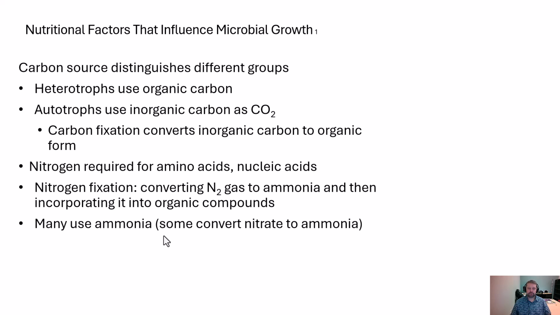But for some, maybe if water is limited, they might convert ammonia into something else like urea or uric acid, or some of these nitrogen heterotrophs might be utilizing those other molecules like urea, uric acid, or ammonia to get energy from them and use them as building blocks for amino acids and nucleic acids.